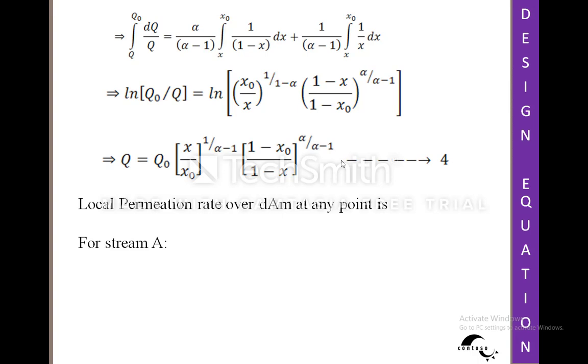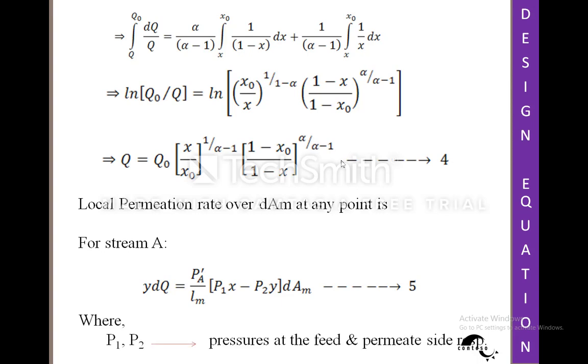So for stream A, the local permeation rate is as usual y dy by dq is equal to Pa dash by Lm into P1x minus P2y into dAm, where P1, P2 are the pressures of the feed side and permeate side.